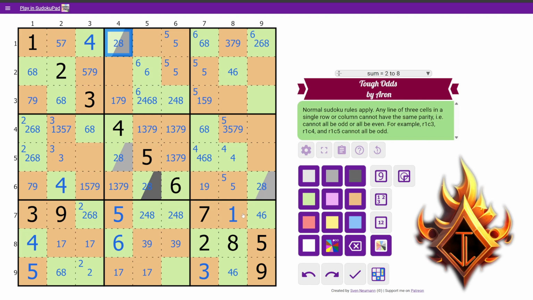And then the 4 6s are also going to be in that same manner. Wherever I can get them. I have to be careful if there's already a 4 or a 6 in the cage though. In the 3x3 box, rather.